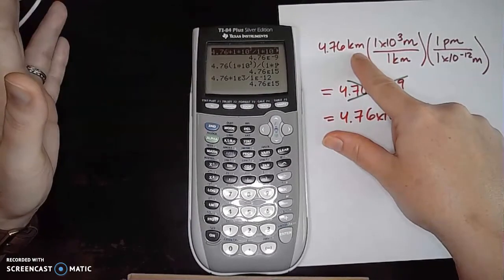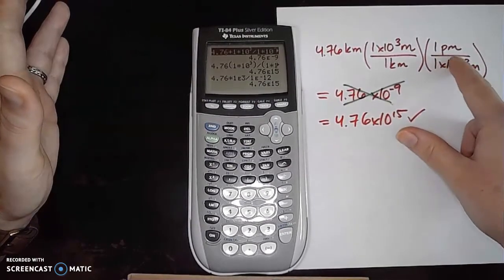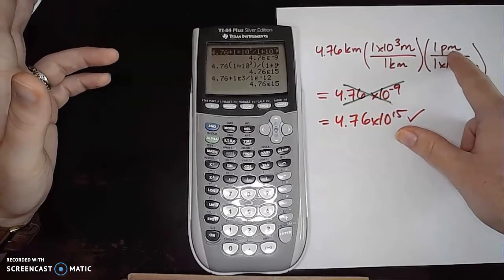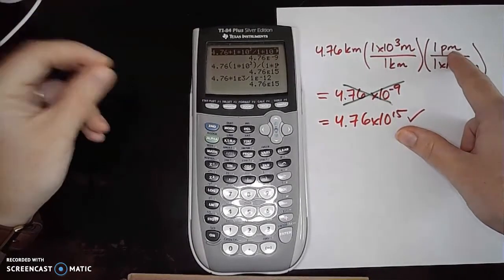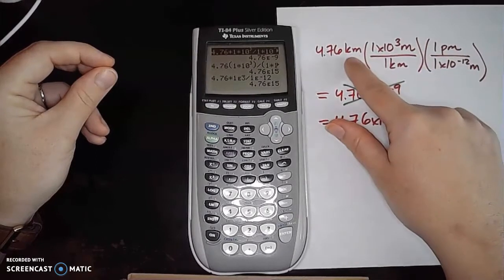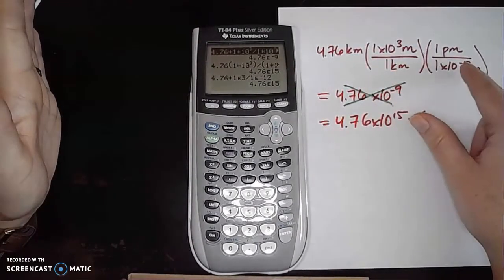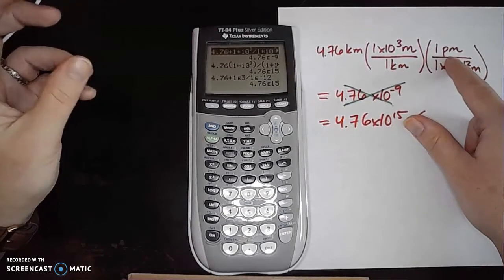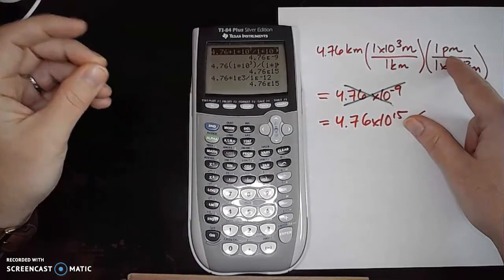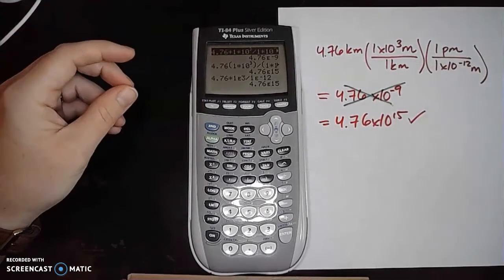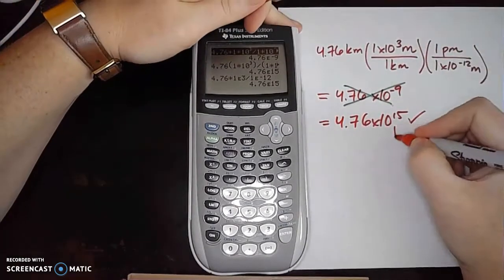That's many, many, many meters. And we're trying to convert into picometers here, which is a very, very small length, which is actually only a portion of 1 meter. So if we're representing a long length like kilometers, which has many meters in it, with a short length that is actually equal to less than a meter, then that means that the number we get in picometers should be a really large value.